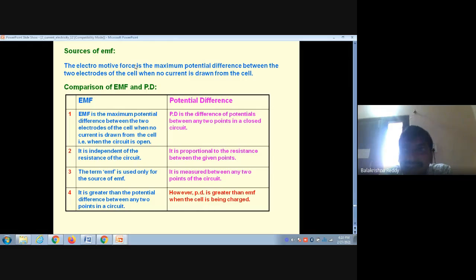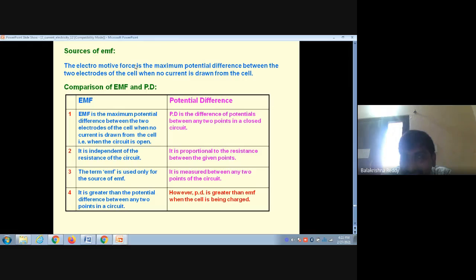Since the current does not flow through the external circuit, there is no consumption, so there is no spending of energy at all. Therefore, the maximum potential difference which resides between the electrodes is called the source of EMF.